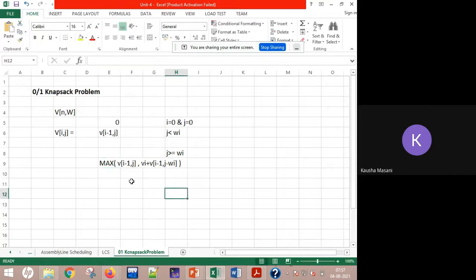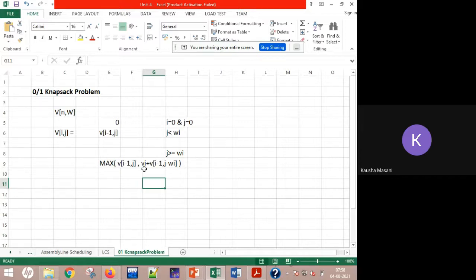This v of I minus 1 comma j is the value of your above cell. You'll come to know when we discuss the table. What is v of I here?